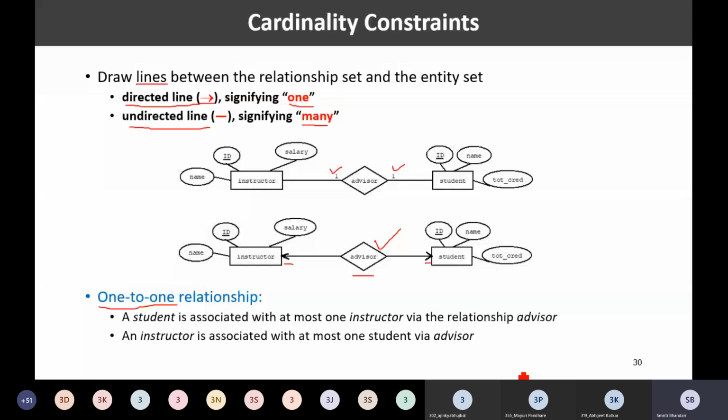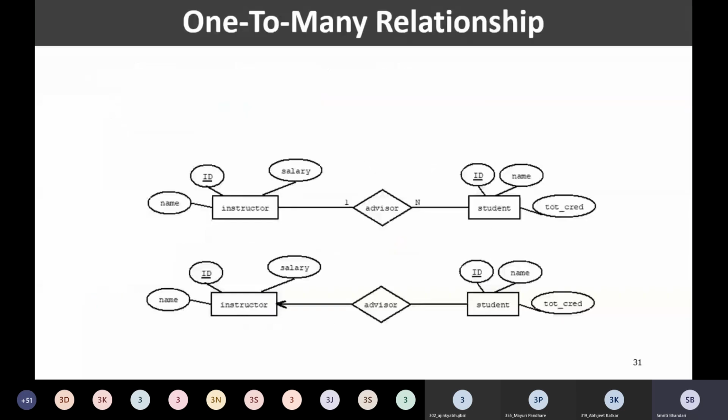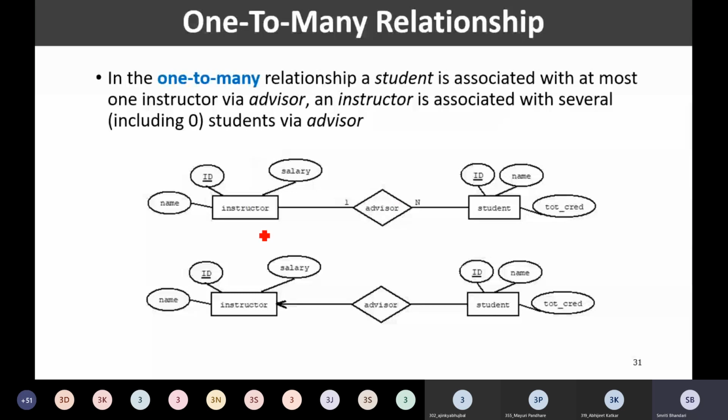So similarly now we are having the remaining kinds of relationships: one to many, many to one, and many to many. So let us see what the notations are. Let us look at one to many relationship first. What do we mean by one to many relationship?